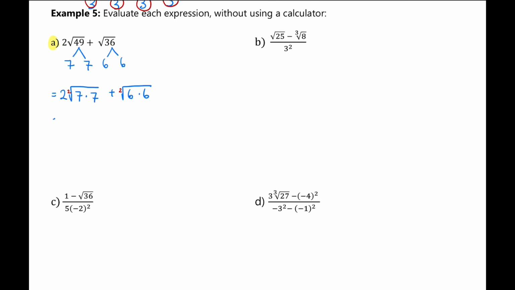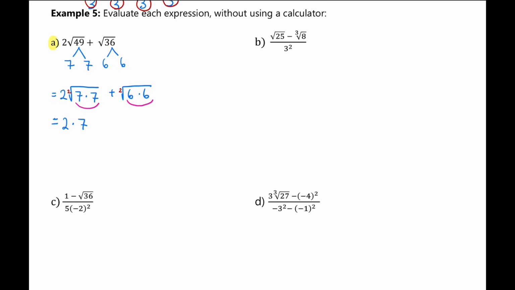So we can take out one of the pair and one of the pair because they're the same numbers. So let's take out 1, 7. And because we took that out, there's only 1 left. So we're not going to write it because the square root of 1 is just 1.